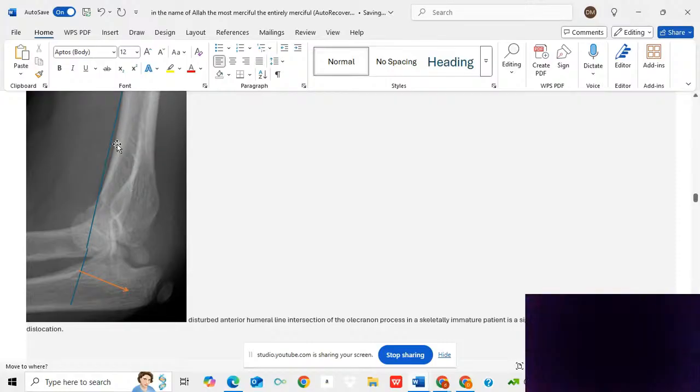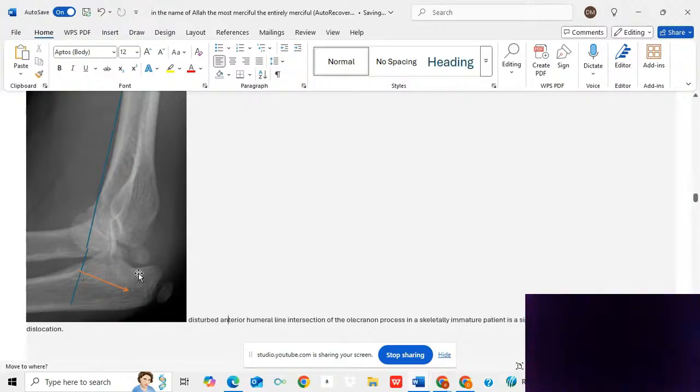Okay, what about this case? So the anterior humeral line here, as I've mentioned, we will depend on the anterior humeral line in the pediatric elbow. The anterior humeral line intersects the capitulum normally. However, it intersects the olecranon process abnormally.